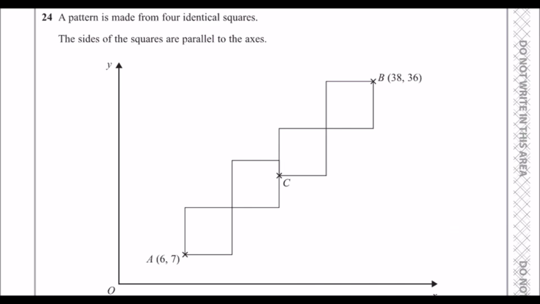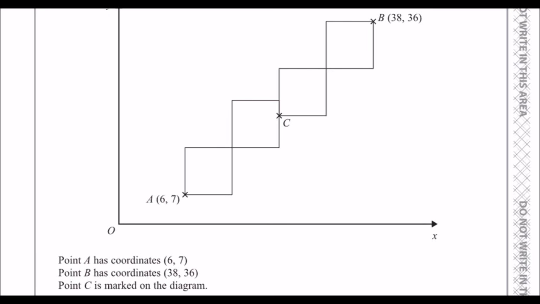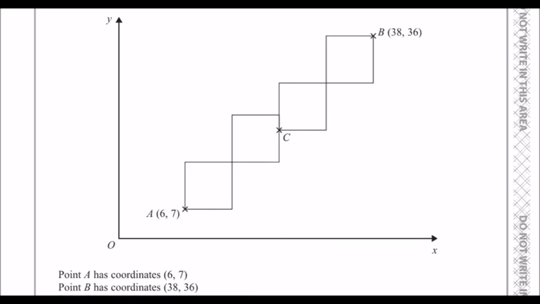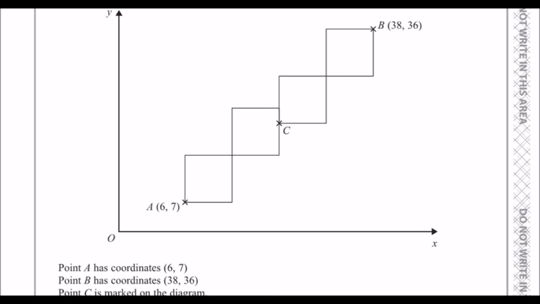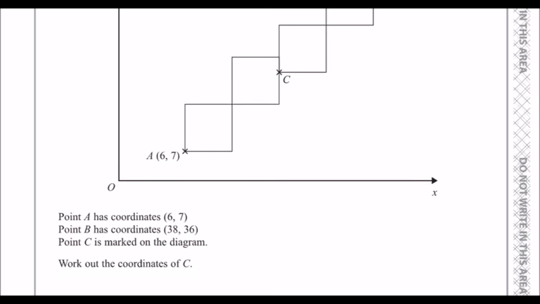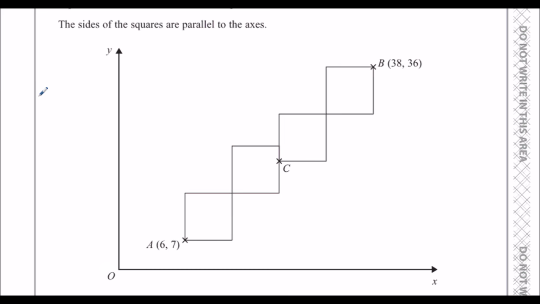Question 24. A pattern is made from 4 identical squares. The sides of the squares are parallel to the axes. And we've got the coordinates of A on the diagram, coordinates of B on the diagram, and we've got point C marked. Work out the coordinates of C. So key point is we've got squares here.